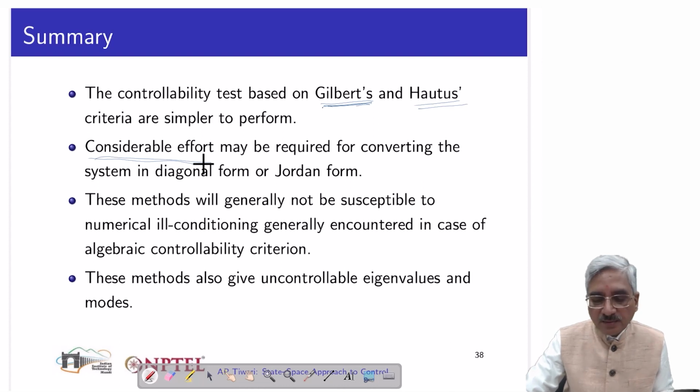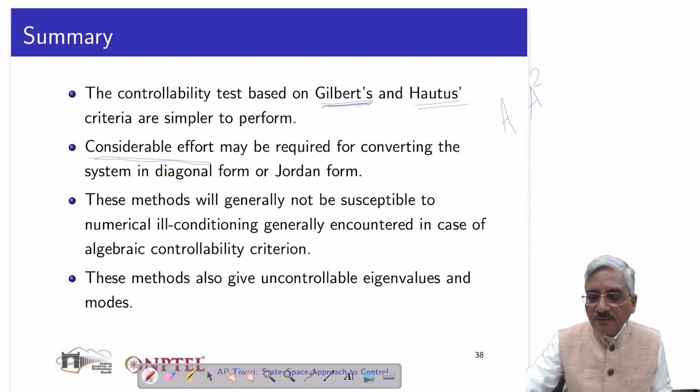And another aspect in the rank test of the full controllability matrix is that if the elements of A are such that some elements are large and some are small, then A square will have some elements of even larger order.